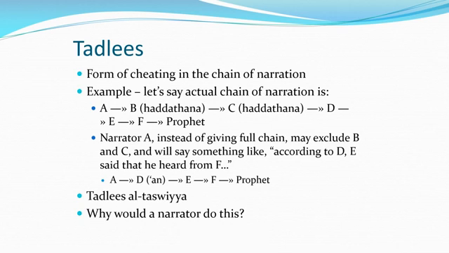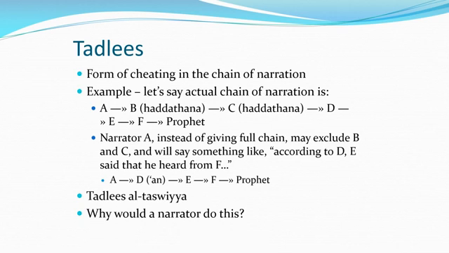And the scholars have divided this action, this tadlis, into a variety of different subtypes, such as tadlis al-isnad, tadlis al-shiyukh, tadlis al-taswiyah. That is probably a little bit too specialized for us, but let's just give an example.